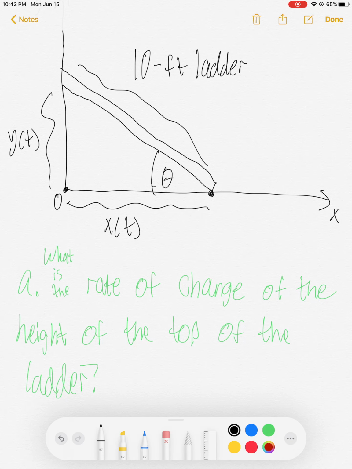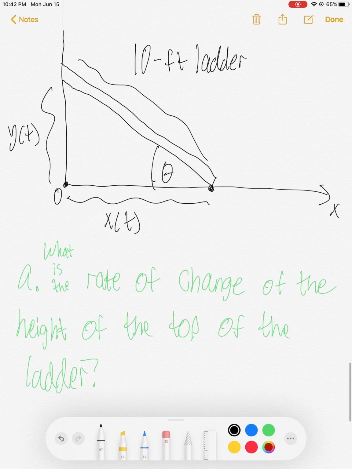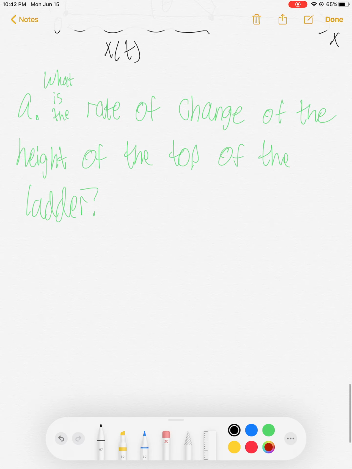What is the rate of change? That is the question. What is this rate of change? The rate of change of the height of the top of the ladder.